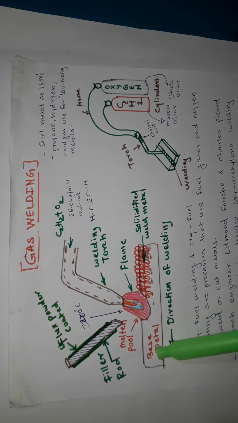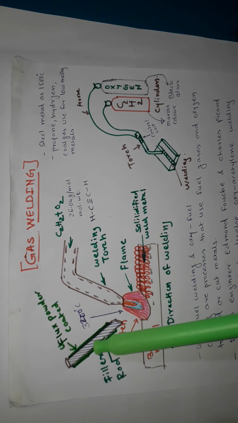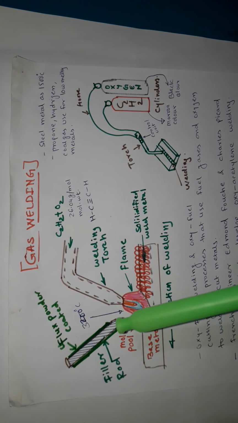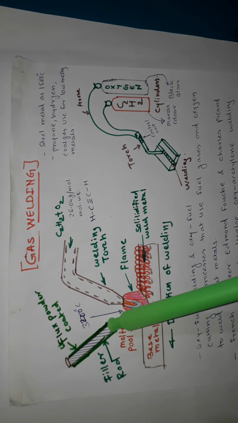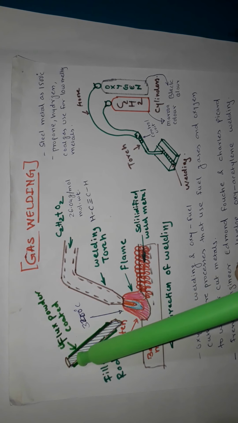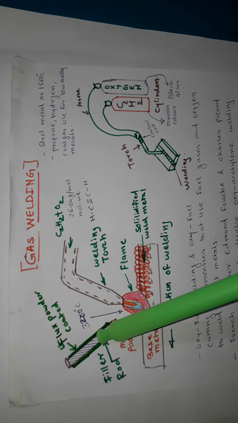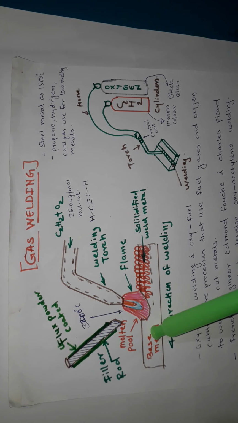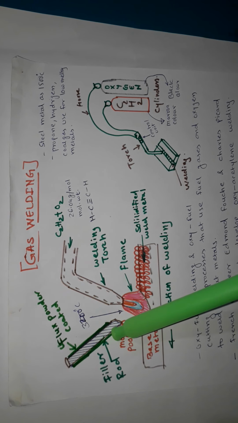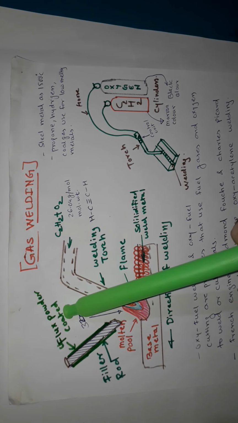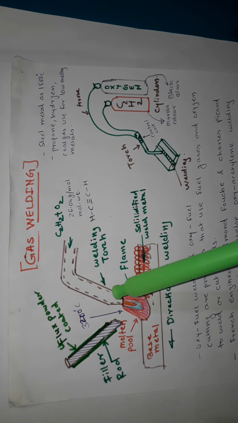Now this is the base metal, and this is your filler rod. You can see that in the center of this filler rod there is a hatching line, which is the same material as your base material, and the green lines are nothing but flux coated powder. So here generally we use flux coating, right?